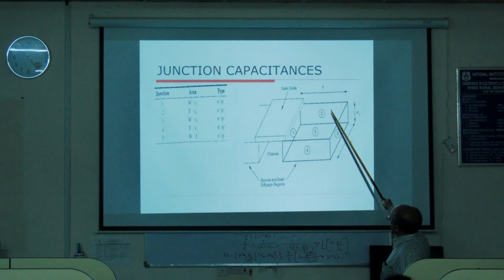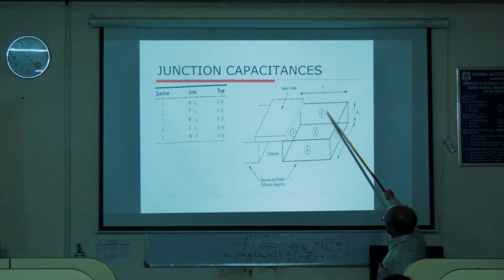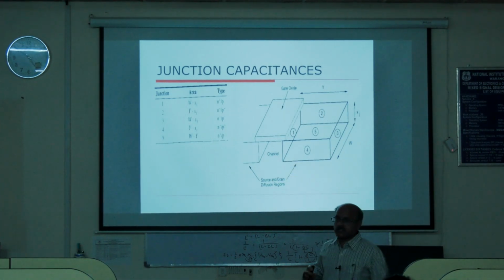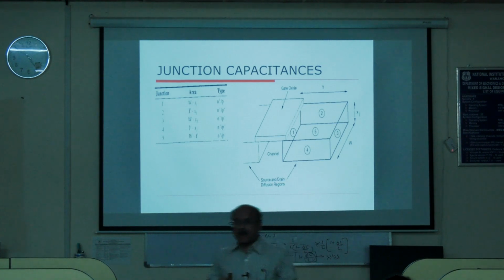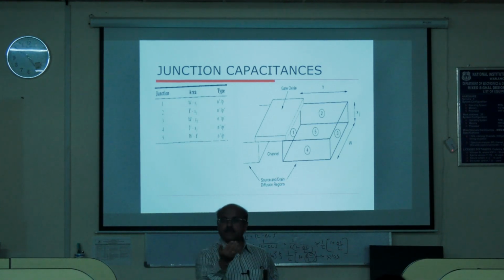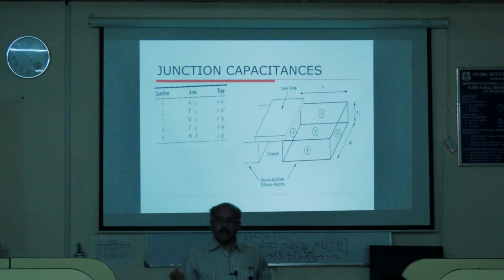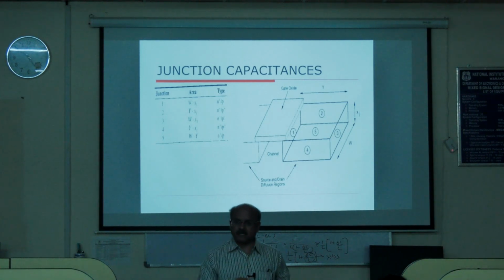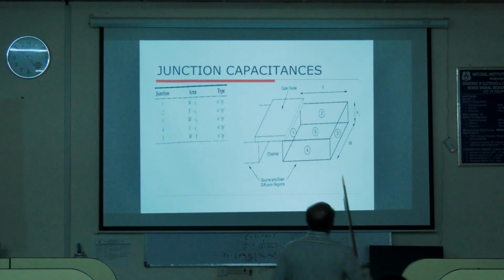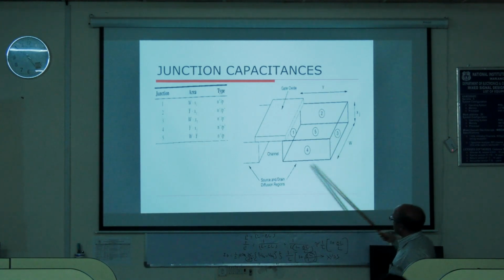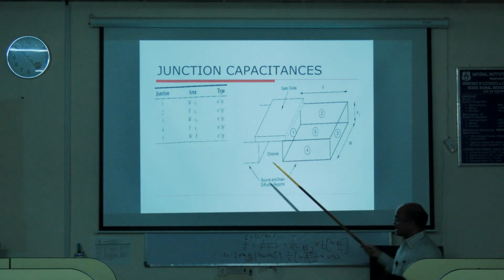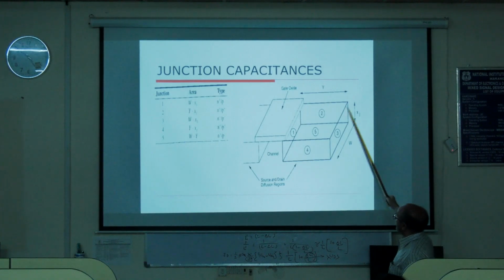The second one is N plus and P plus, because on all three sides we put channel stop implantation. So we clad with P plus on all three sides, so that unnecessarily there will not be any current flowing to the adjacent MOSFET. So on all three sides external to the substrate there will be P plus implantation.